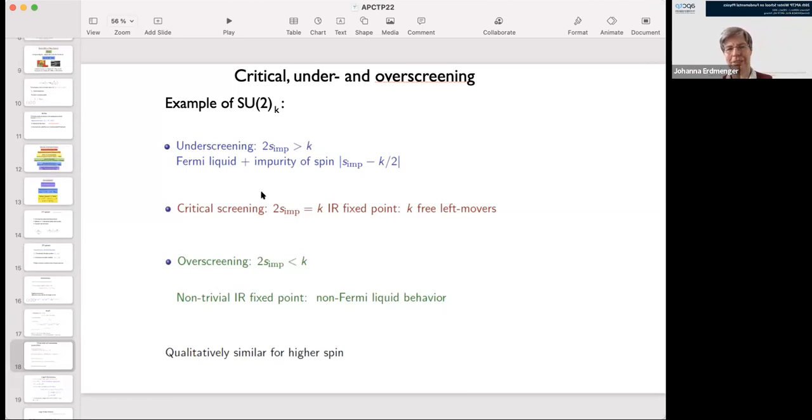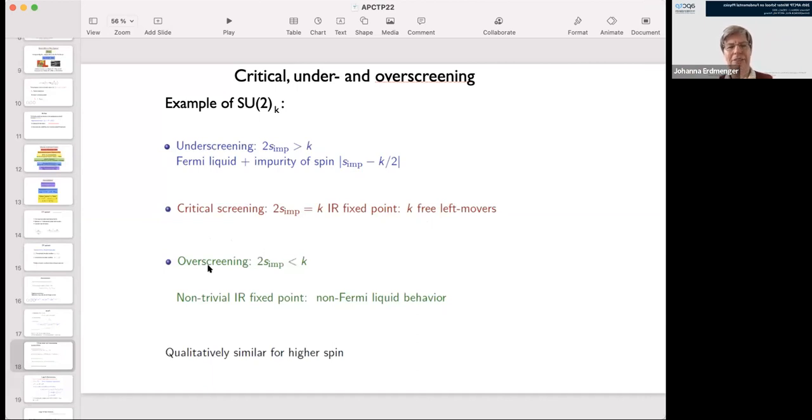Okay, so that's called underscreening. And critical screening is what I explained all the way along. If twice the impurity spin is just equal to the number of flavors, then we get k free left movers. That's what I was explaining before.